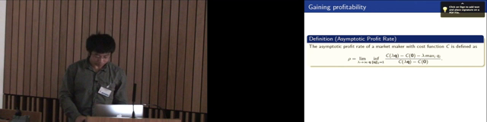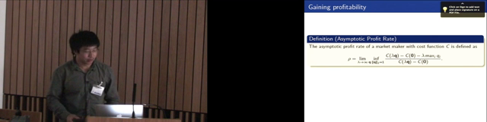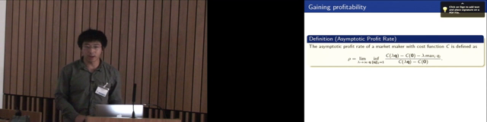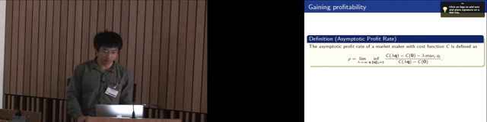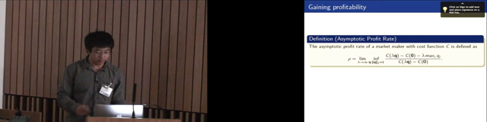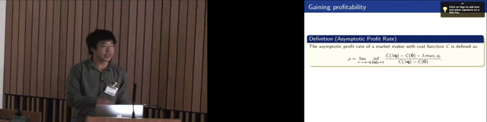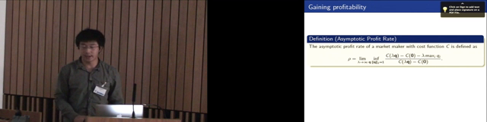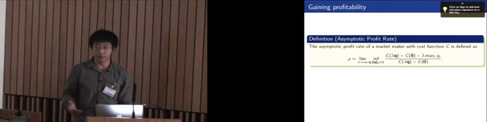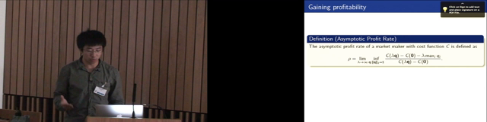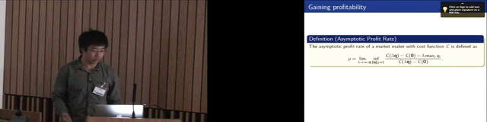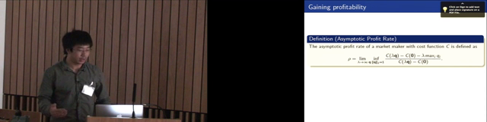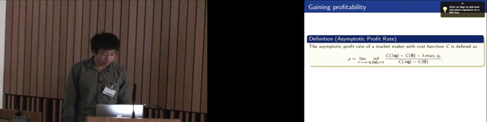And the numerator here is the amount of money accumulated in the market minus the worst case amount of money you have to pay the traders. The maximization and the inf taken here mean the worst case. And taking the limit of lambda to infinity means we want the market to run long enough. So this is why we call it asymptotic profit rate. It's an asymptotic behavior of the market.